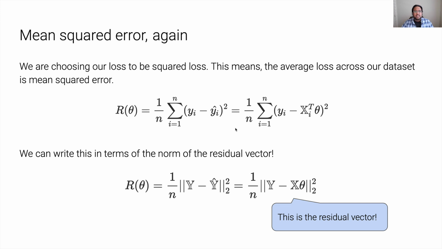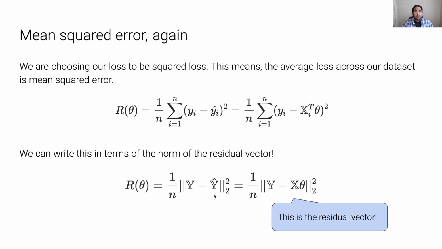But from a previous slide, we established that the square of the L2 norm of a vector is the sum of the squares of its elements. So here we are summing the residuals squared, and so we can just replace this term, which is the same as this term, with the square of the L2 norm of the residual vector. And so that's precisely what we've done down here.